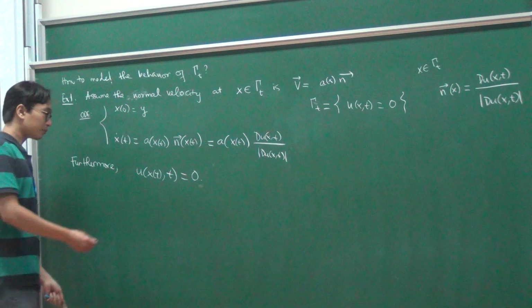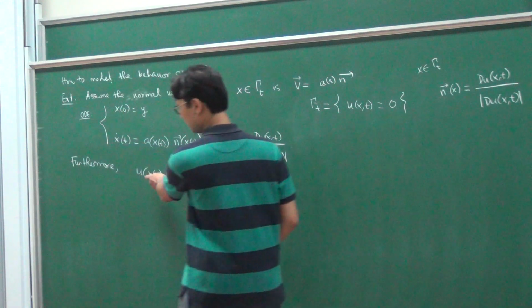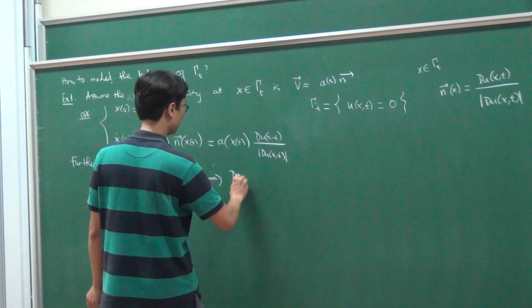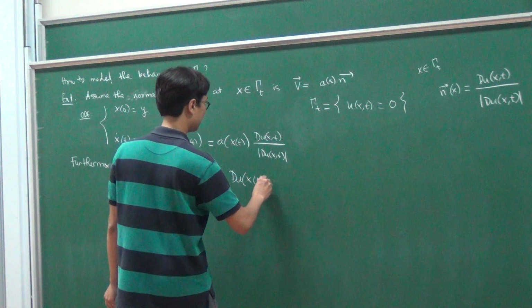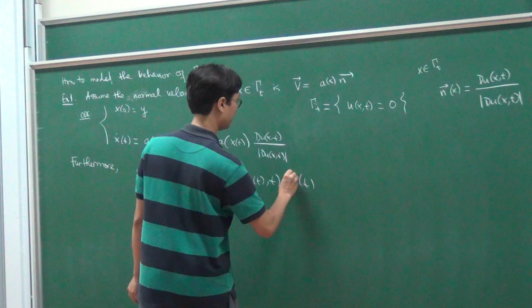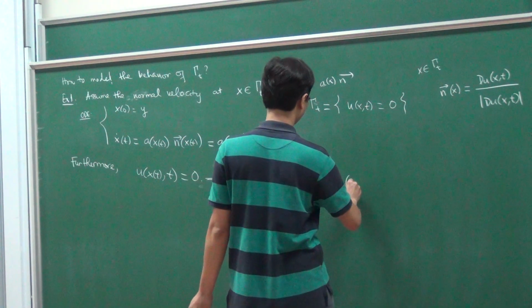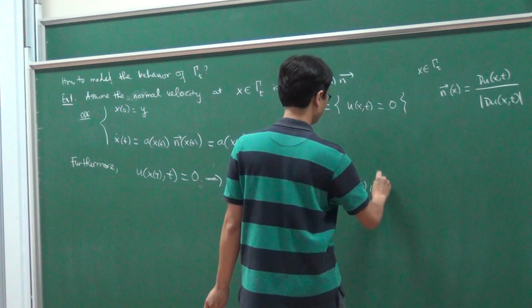If I differentiate the first slot, I end up with Du(x(t),t) dot with x dot of t, plus I differentiate the second slot, I just end up with u_t(x(t),t) is equal to 0.